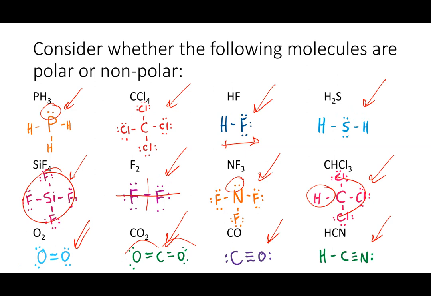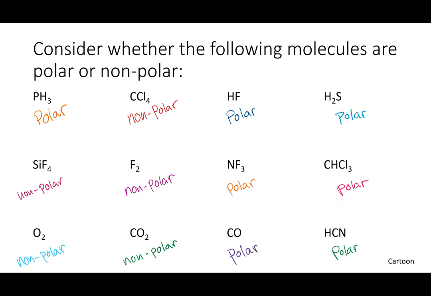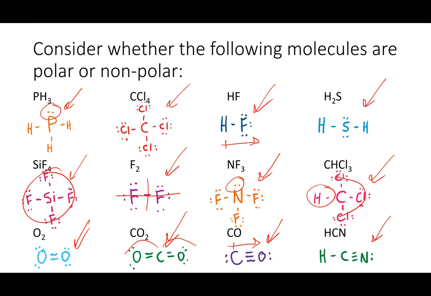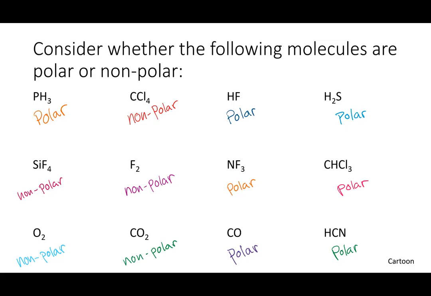Carbon monoxide is polar, okay, because the one single dipole for this bond is also the overall dipole for the molecule, and it points towards oxygen. And then lastly, HCN, hydrogen cyanide, is polar because nitrogen is stronger at pulling electrons than hydrogen, so the dipole points towards the nitrogen. Okay?